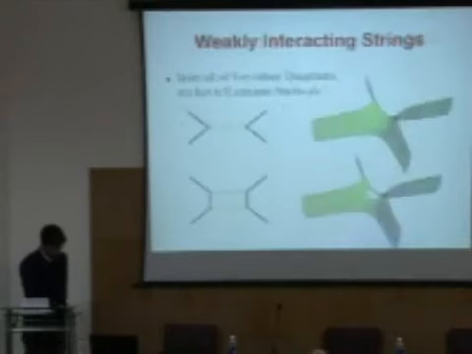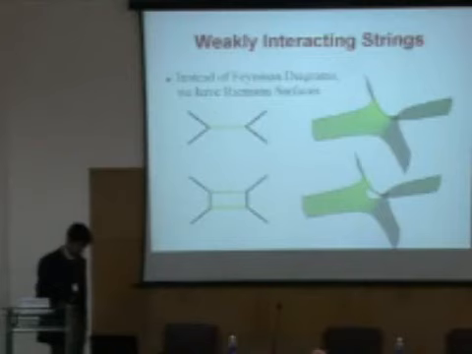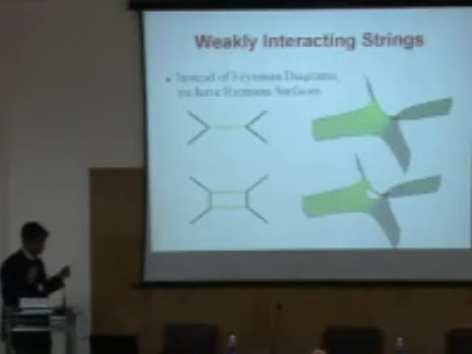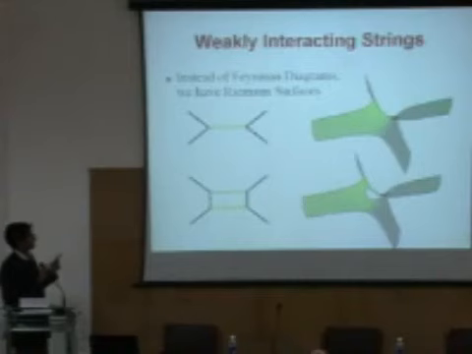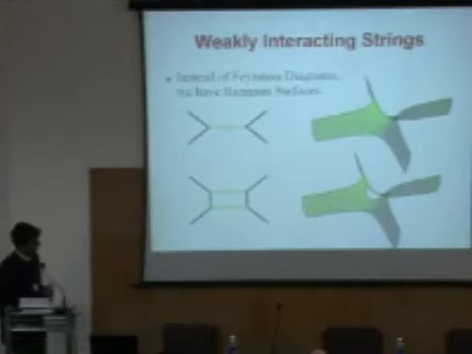The key definition of string theory, though, is this: in a weakly interacting quantum field theory, you calculate quantities using Feynman diagrams. In string theory, we calculate the same quantities, but we use Riemann surfaces. That's at the heart of it, the working definition of string theory.